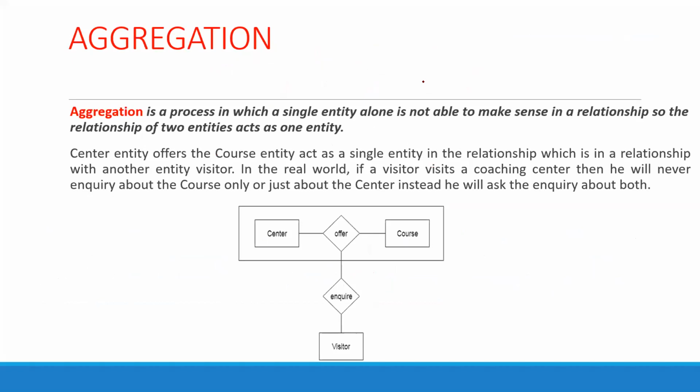Normally we can say this relationship is, in other terms, embedded inside the ER diagram. But here we want to show what that embedded relation is. We want to show the embedded relation. This process we can call aggregation.